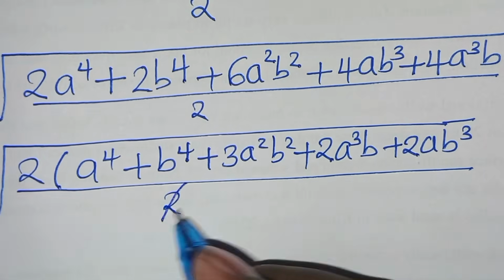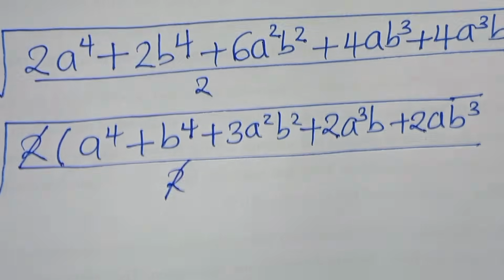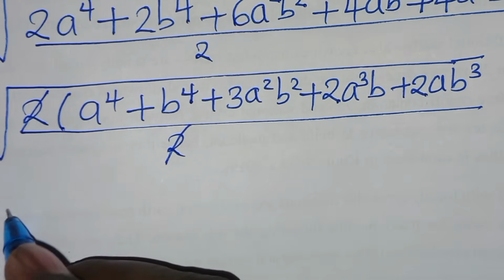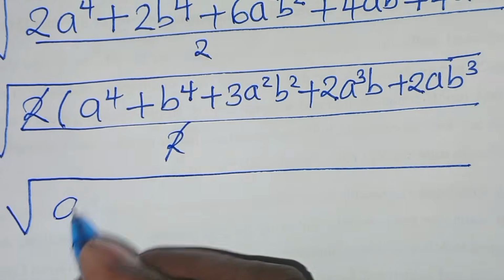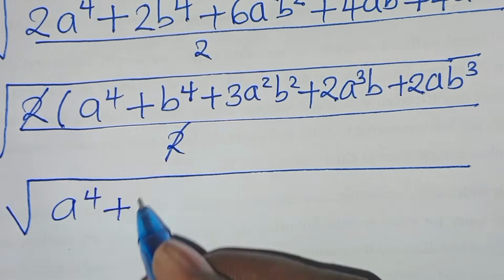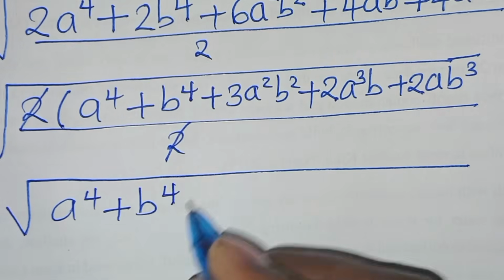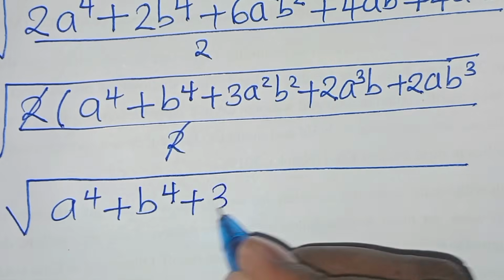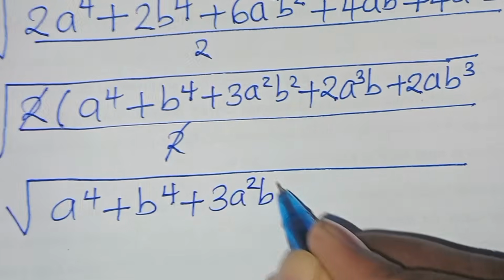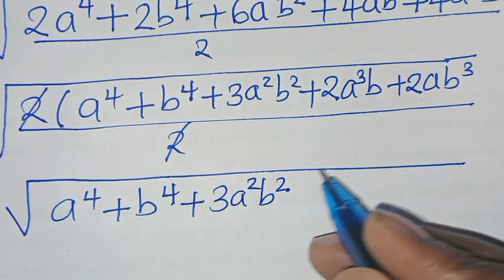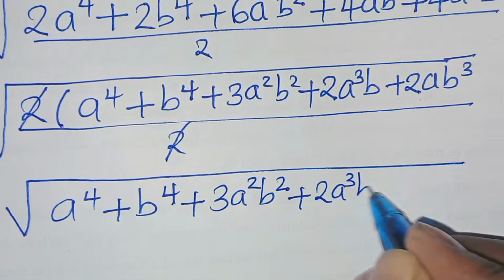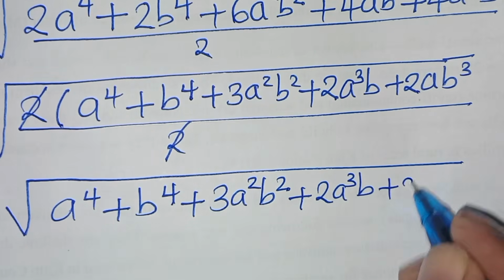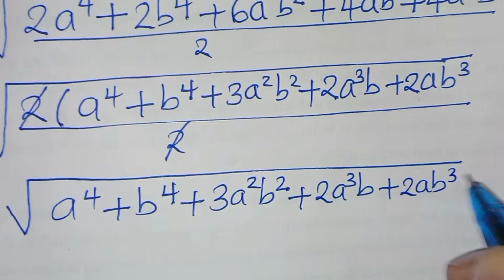So let's divide both sides here by 2, so that now we'll have the square root of a to power 4 plus b to power 4 plus 3a squared b squared, then plus 2a to power 3 b, then plus 2ab to power 3.